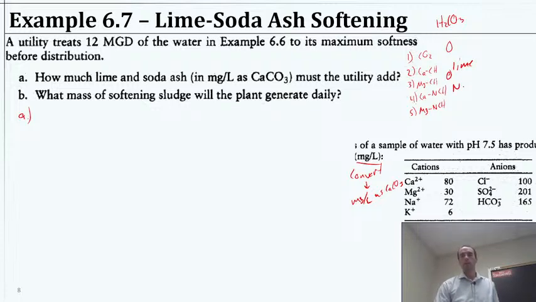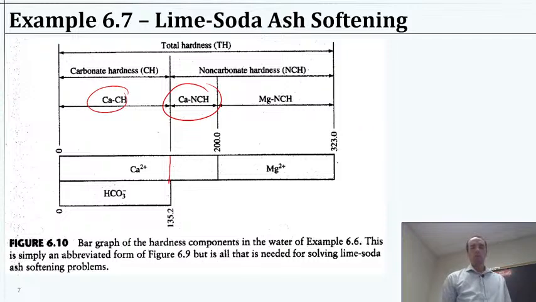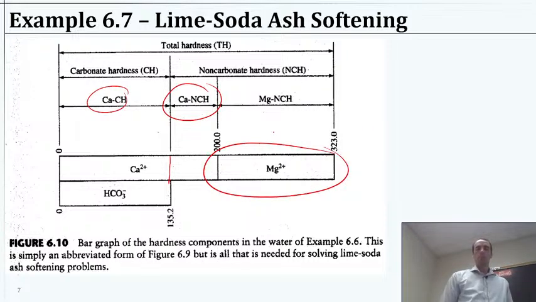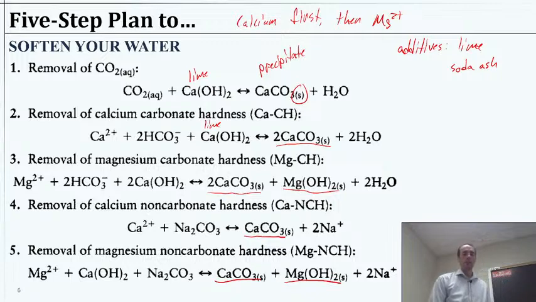And this would have sodium bicarbonate. And then last, we would have the magnesium non-carbonate hardness, which would basically be probably the remaining magnesium there. And this is going to be lime and our soda ash.